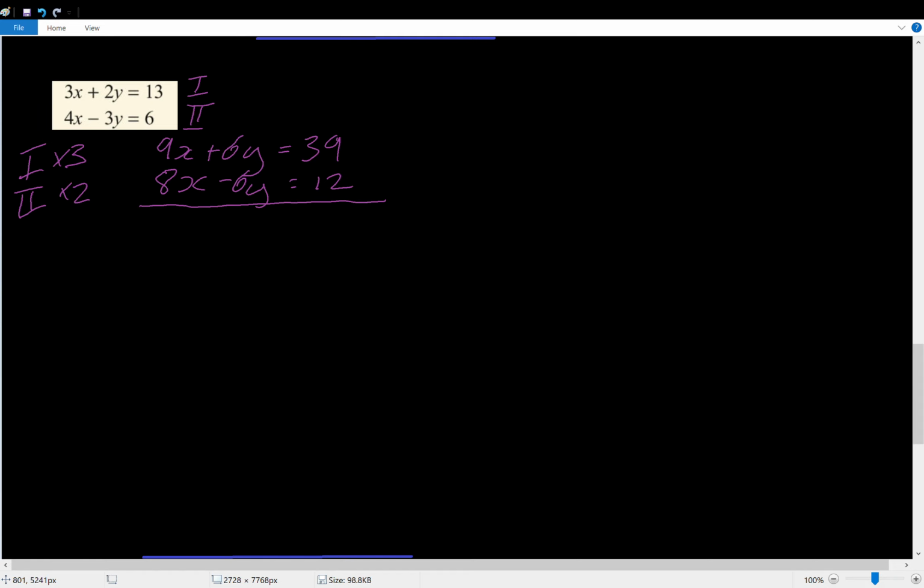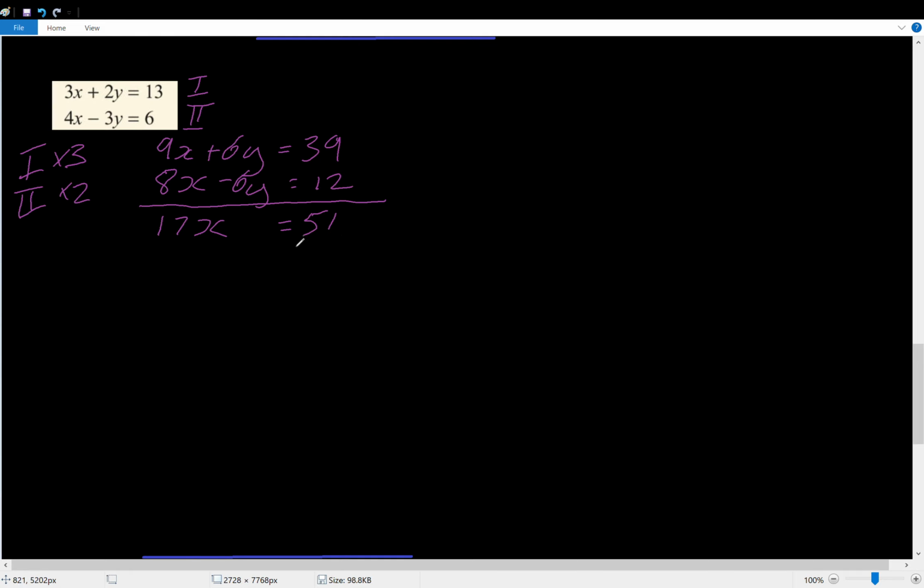This is going to work out well for us. So 9x plus 8x is going to be 17x, and then 6y minus 6y is 0, and 39 plus 12 is going to be equal to 51.